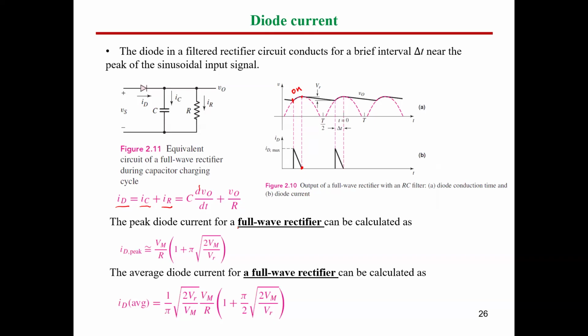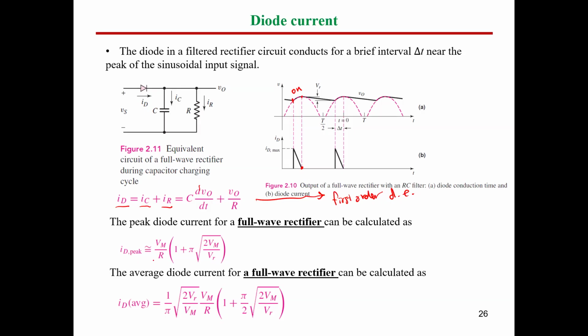The peak diode current for a full wave rectifier can be calculated by this equation. From where, guys, did we get this equation? Actually, this is a first order differential equation, and the solution of this differential equation will be, as you can see here, the ID peak value equals 1 plus pi times the square root of 2V maximum divided by VR.